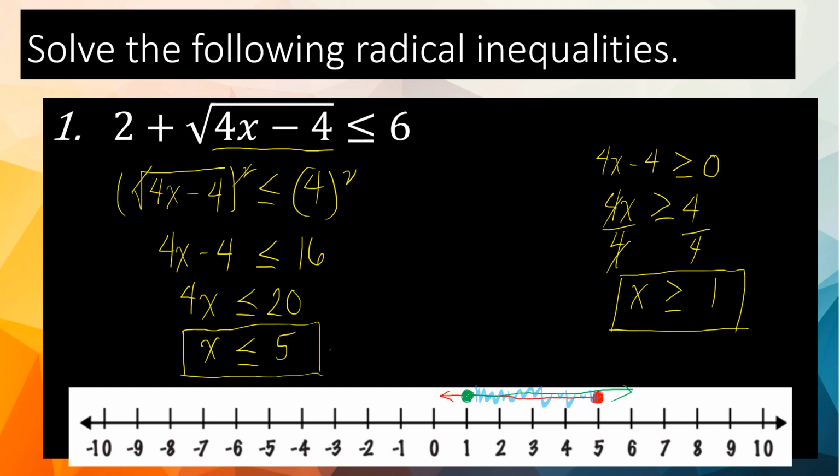So our answer is your x, and then let's write here 1 and 5. So your x should be greater than or equal to 1, but is less than or equal to 5.